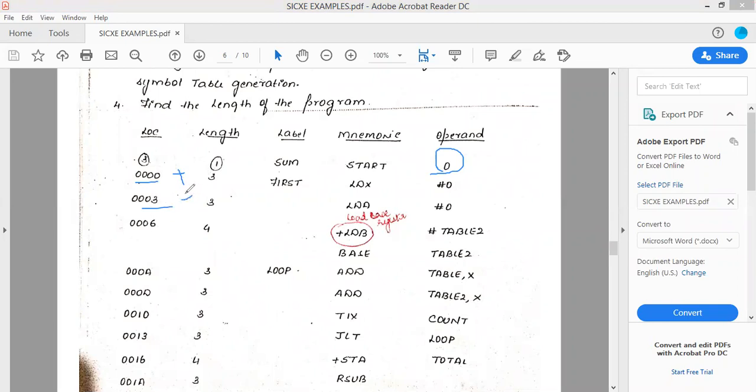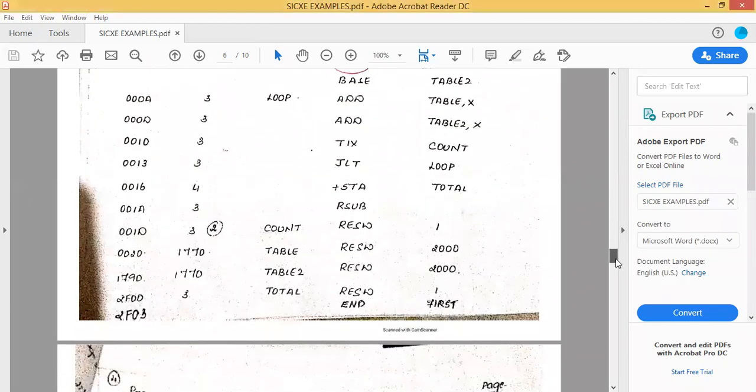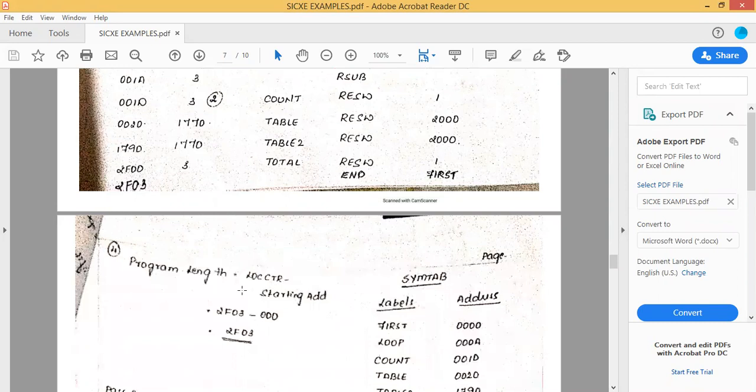When you keep on adding, you get the addresses for each of the instructions. Finally, you have to find the length of the program, which is the final LOCCTR minus the starting address of the program. This gives you 2F03.